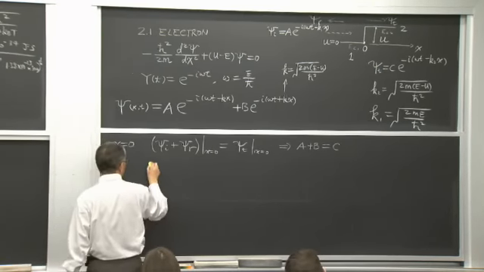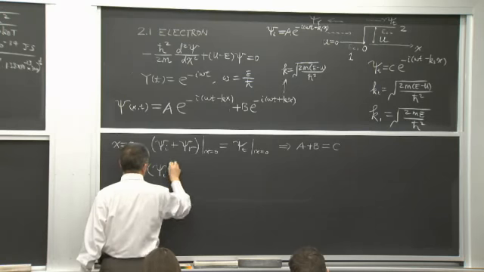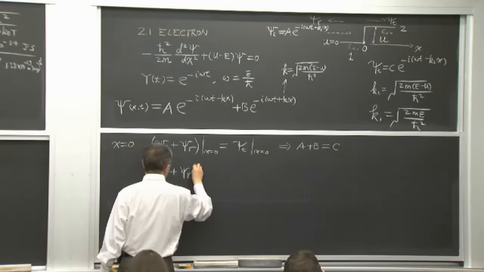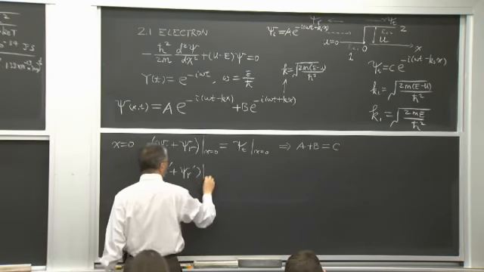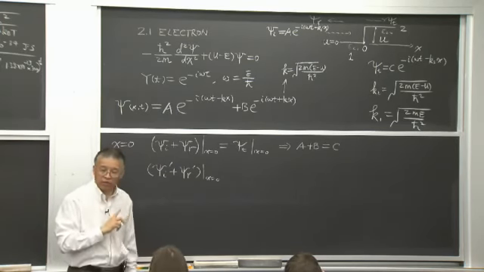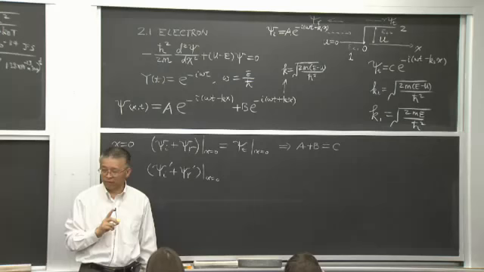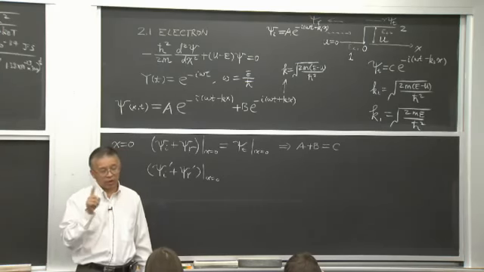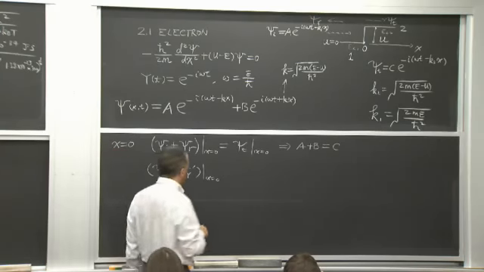My second condition is the derivative. It's a total derivative of all the waves, and because of the summation, I take each one. You have to be careful: you first take the derivative, then you set x equal to 0.